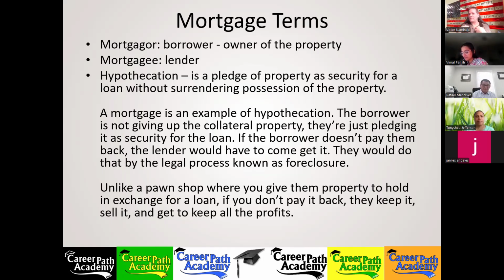If I fail to pay you back according to those terms, you can take me to court and foreclose on me to gain ownership of that property that I pledged as security for the loan, so that you can then sell it at an auction or have a sheriff sell it at auction. And then you get the proceeds from that sale to pay back what I owed you.